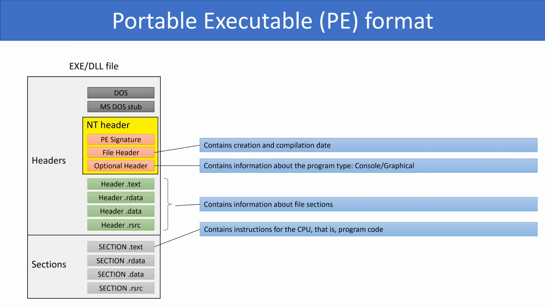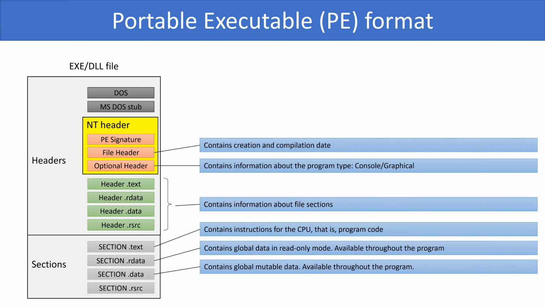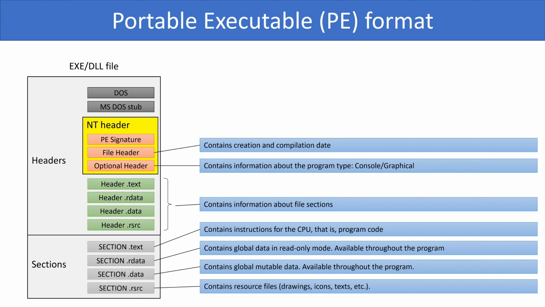This section is always present in all programs, although its name might vary at times. The data and data sections contain some necessary data and variables for the program's operation. In the RSRC section, or resources, you'll find resource objects and files like icons, images, dialog window graphics, and so on.